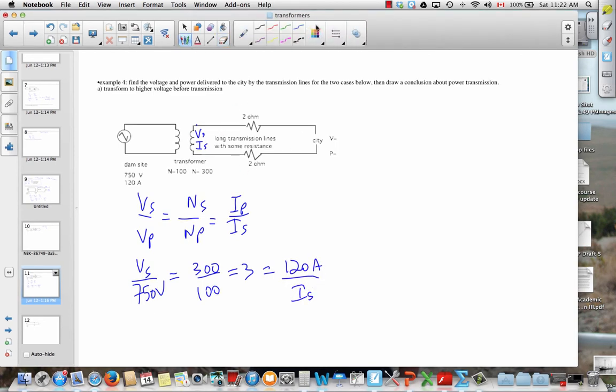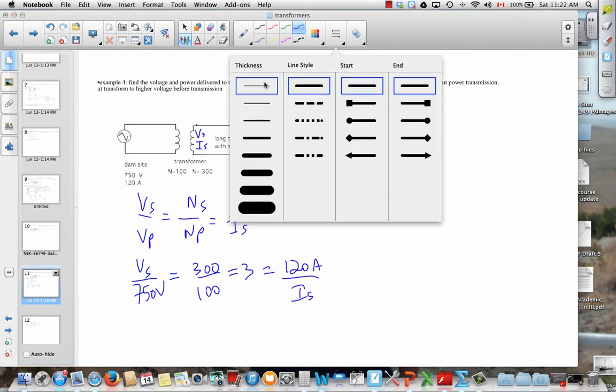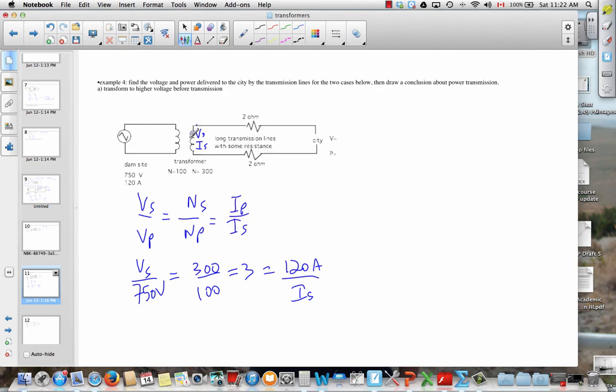Okay, so then we've got 2250 volts here at the secondary, where we're leaving the power plant before we transmit, and we've got a current flowing through here of 40 amps.